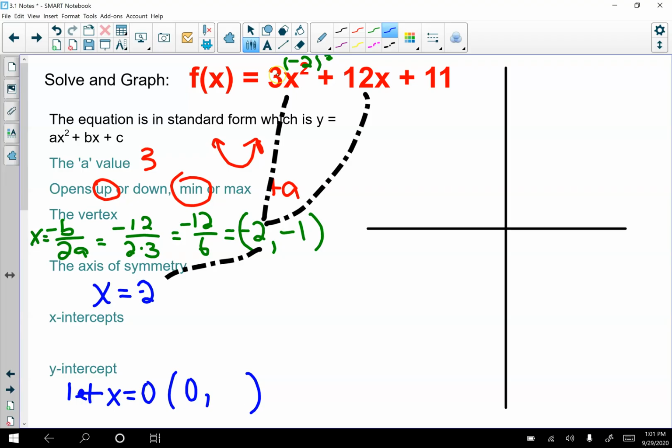So if I let x equal 0, very easy to find. This ends up to be 0, this ends up to be 0, so it ends up to be 11. That one is very easy to find, where the vertex is a little harder to find on this one. So we're going to go to our calculator right now and see if we can find those x-intercepts.